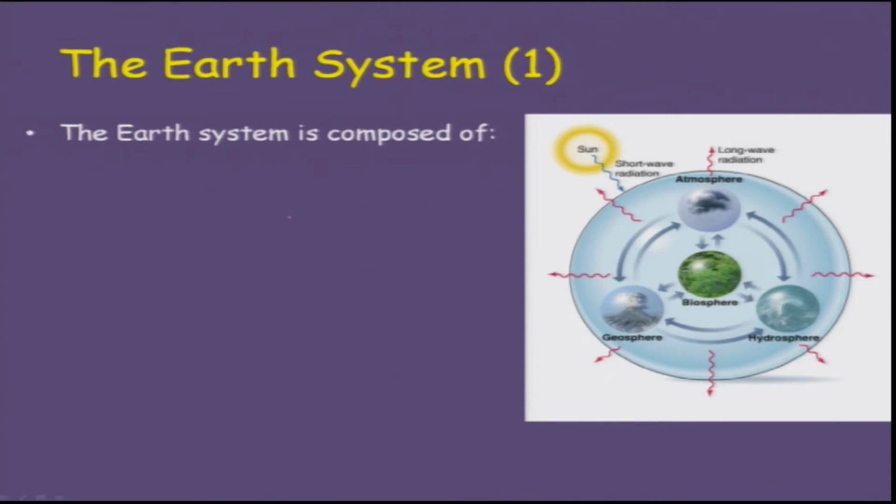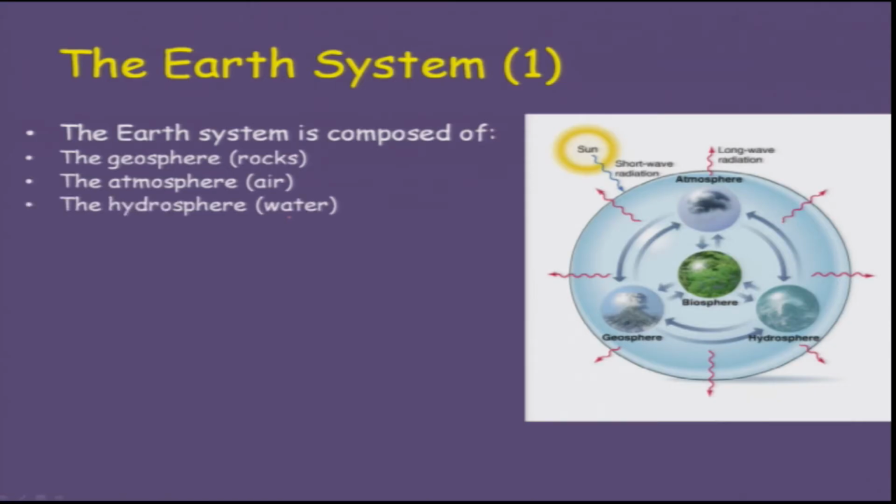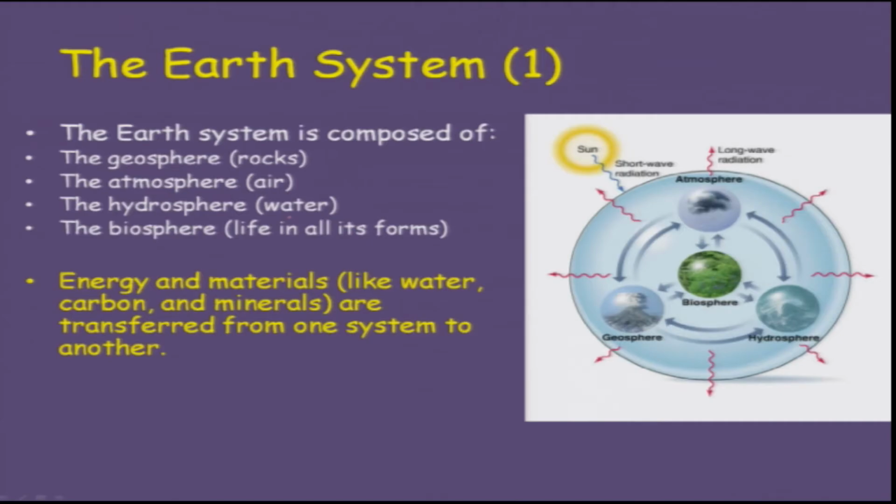The earth system is composed of the geosphere, which is mostly made up of rocks; the atmosphere, air and gases; the hydrosphere, comprised of water; and the biosphere, which comprises life in all its forms. Energy and material like water, carbon and minerals are transferred from one system to another, hence they are open systems, not closed systems.